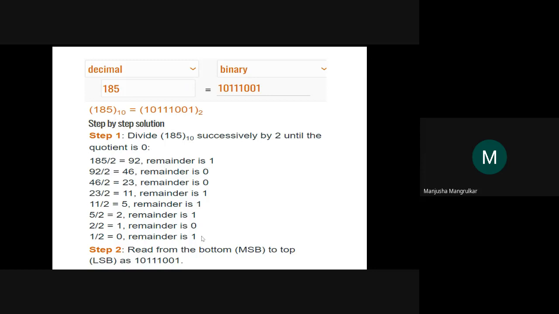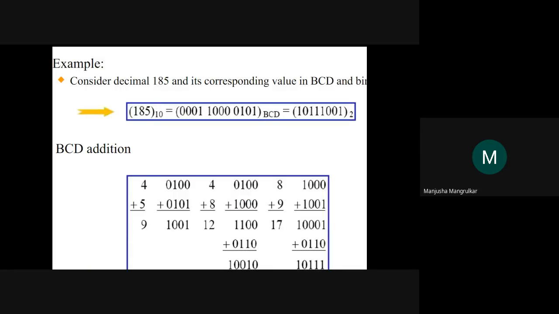The binary number of 185 is 10111001. This is not equivalent to the BCD. A BCD number is not equivalent to binary. Both have a different way. So to convert 185 into a binary number, we need to use the division method. But to convert 185 into a BCD number, each digit is represented in binary.